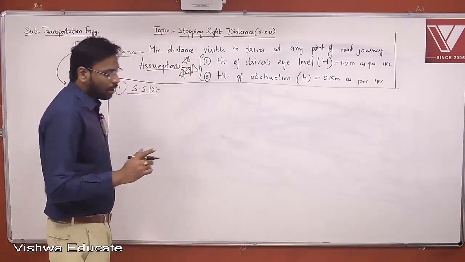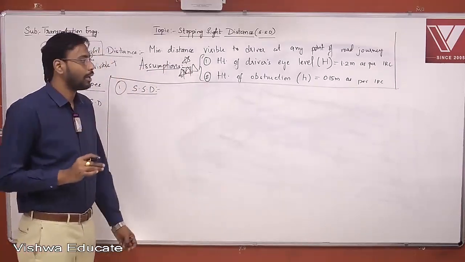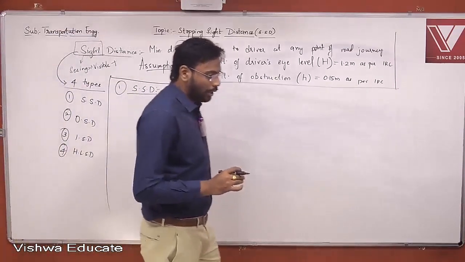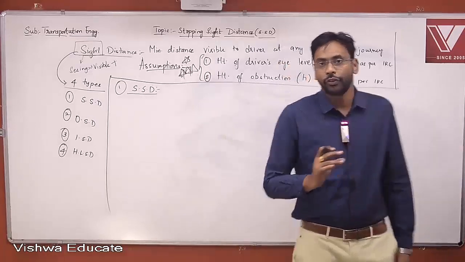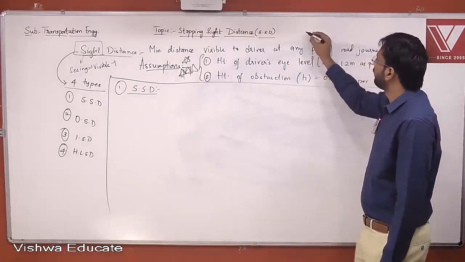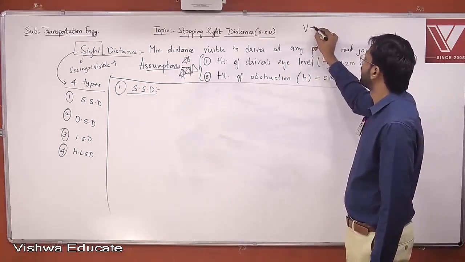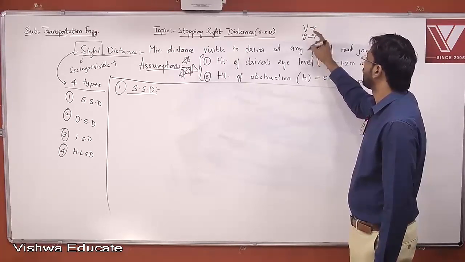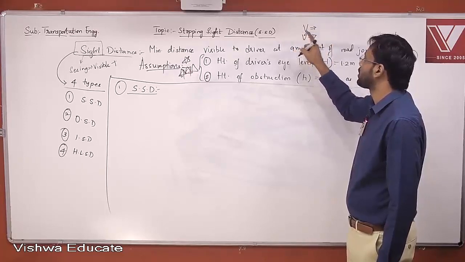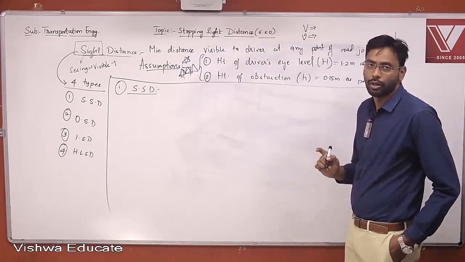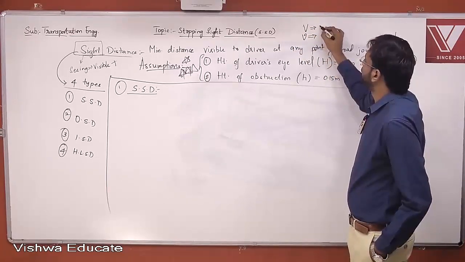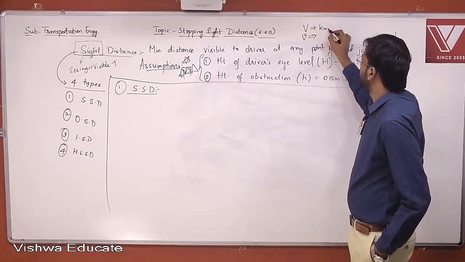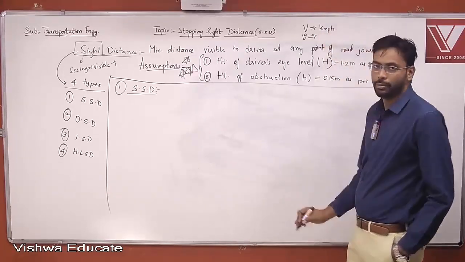Let me take a figure and then explain this stopping sight distance. From here onwards, in transportation engineering, there are 2 types of V's. V is nothing but design speed. This V can be capital V, or small v. If I write capital V, the design speed is in kmph.